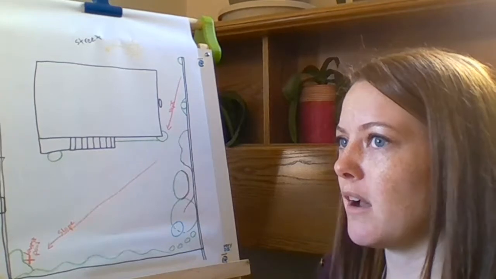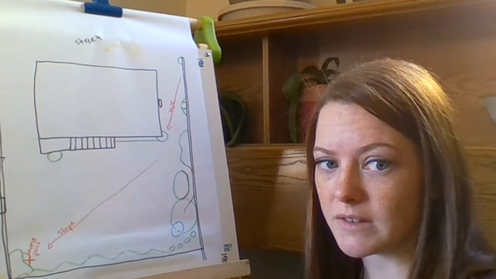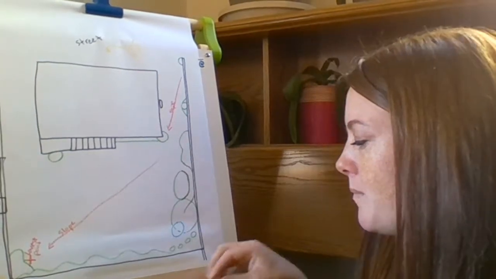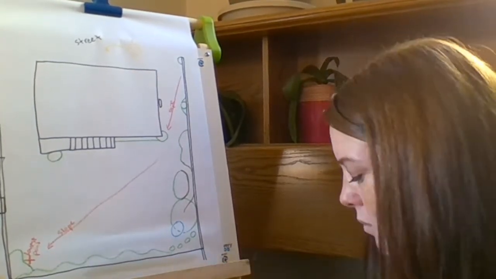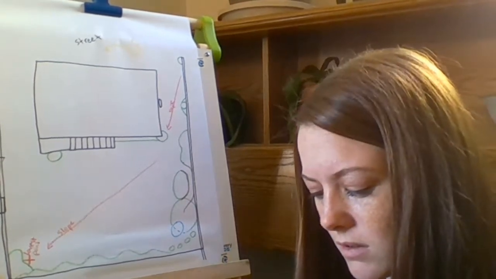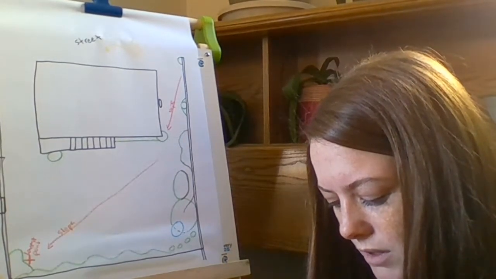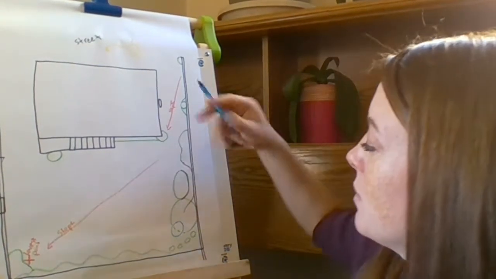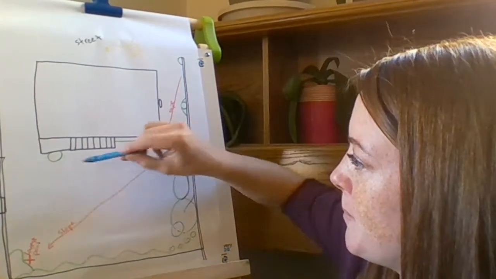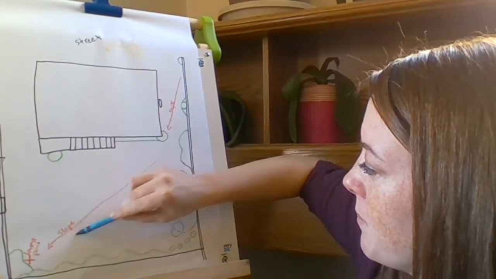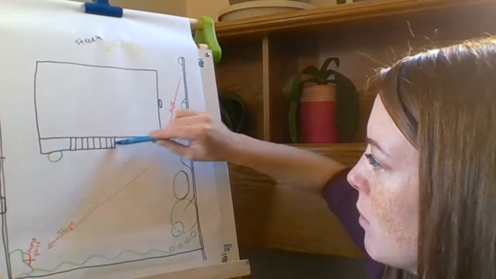So when we're talking about placement of plants, again, light comes up, right? So as far as where shadows are, we will use this one. We have this area right here gets the most light.